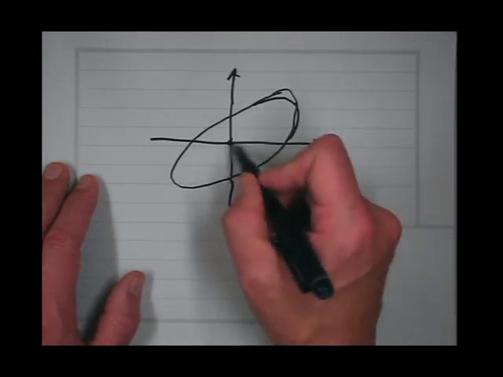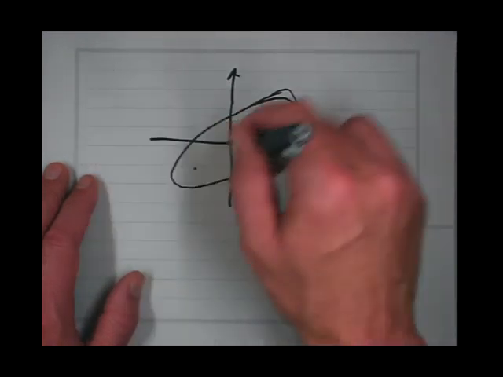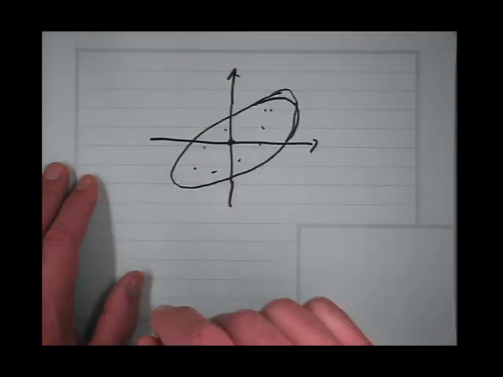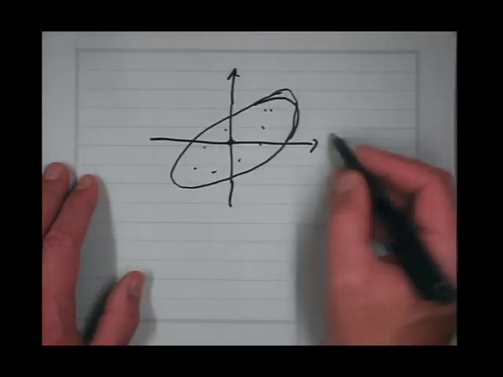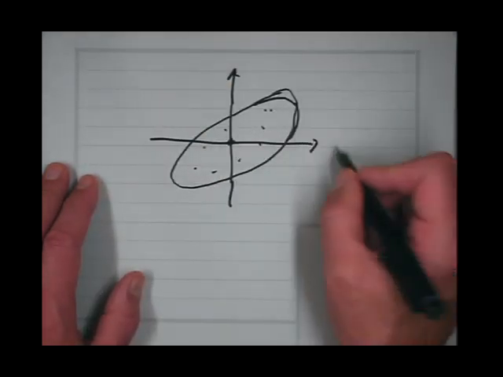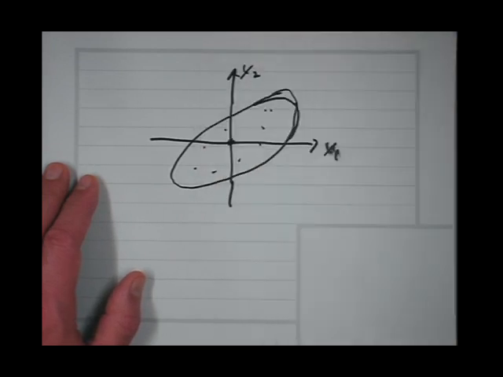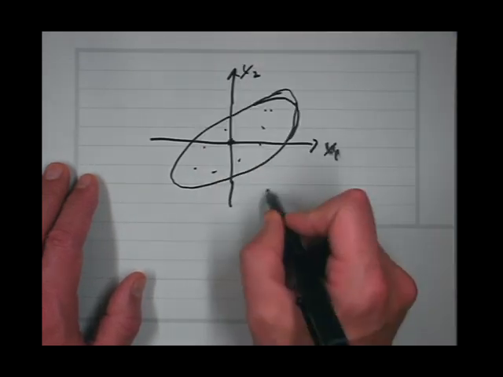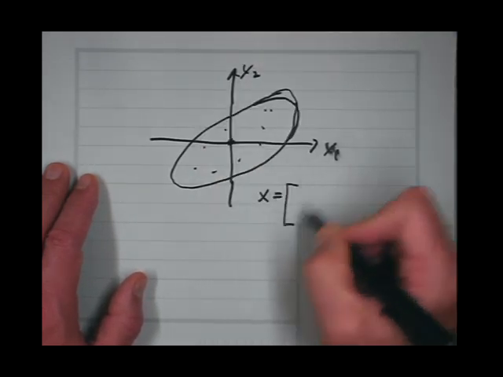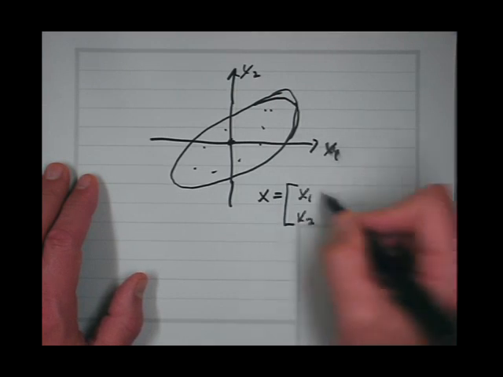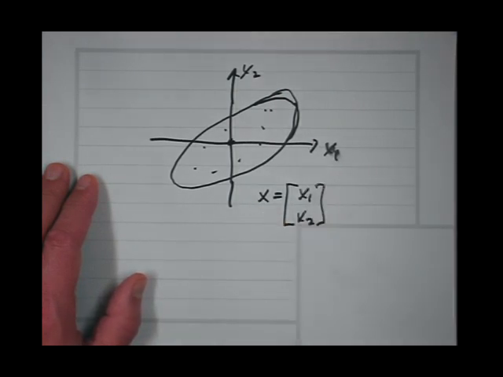Then you find the center of the pattern, so you get a bunch of points. Each point can be represented as a vector in 2 dimensions, where this is x1 and this is x2. So you form a vector x equal to (x1, x2), and you get a new vector for every new sample.